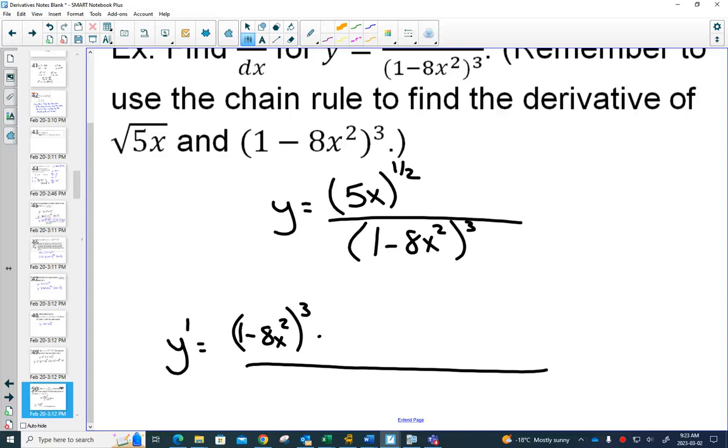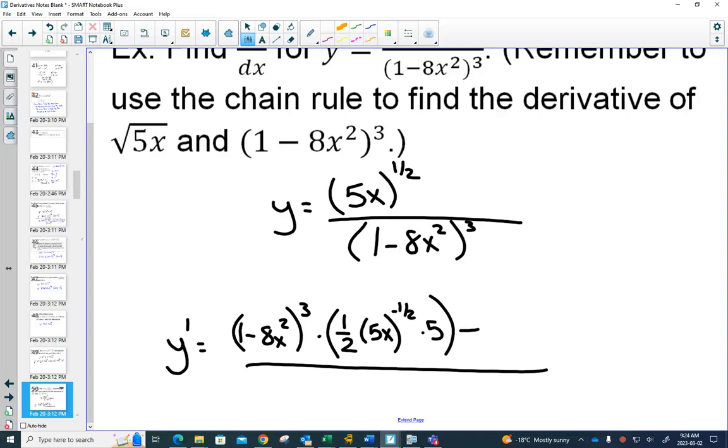The top is a chain rule because there's a 5x inside of the half. So when I multiply by the derivative of the top, the half would come out in front, keep the inside the same, subtract 1 from the exponent, multiplied by the derivative of the inside.